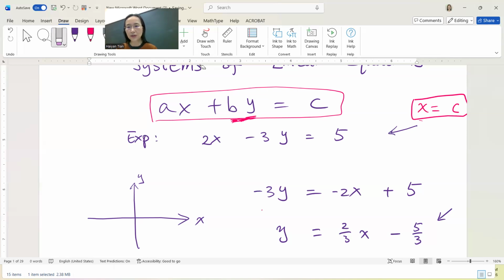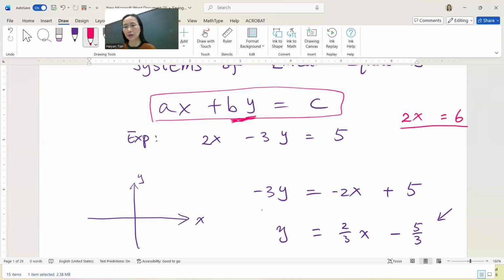So whenever you have an equation of this form, such as y with a coefficient 0, that means no y, for example 2x equals 6.